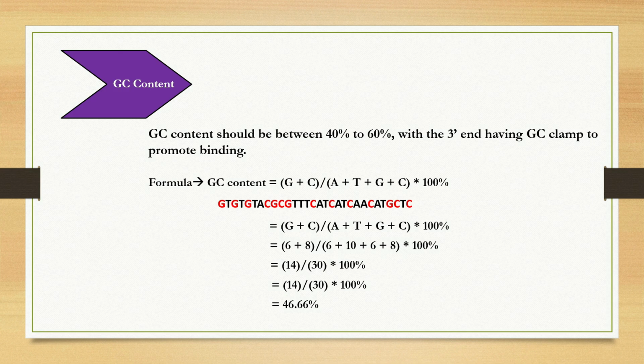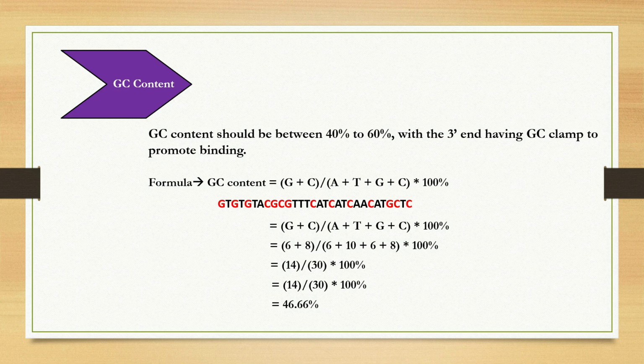Now, what happens if the GC content is very low? If the GC content of your primer is very low, the denaturation of the DNA will be very easy, and indirectly this is going to affect the efficiency of the polymerase chain reaction, because the DNA will get denatured very easily.